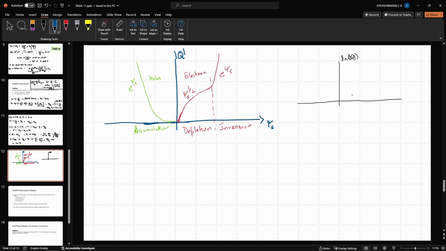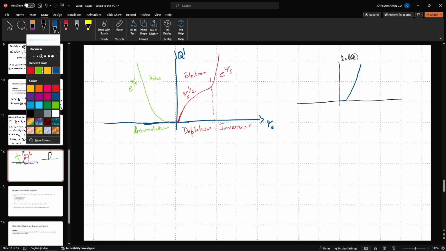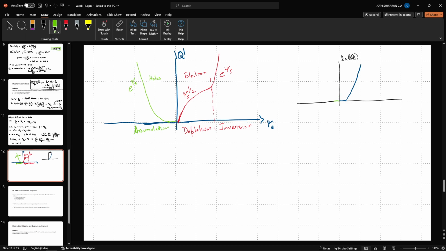What I would like to see is that after an inversion threshold, this will just rise linearly with psi s. So in this region the device is off, and in this region the device is on. Ideally speaking, I will want something like this.